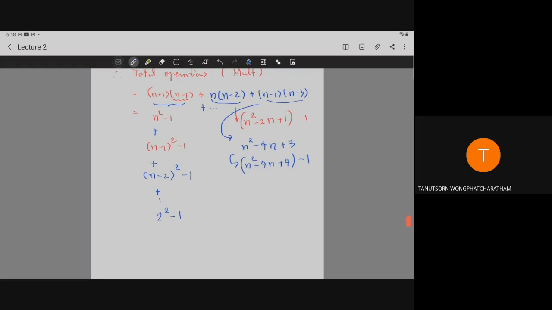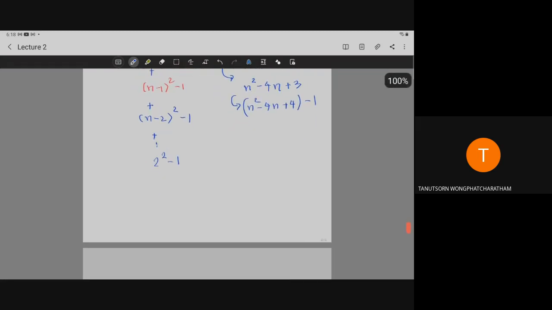So we can write that the total number of operations is the summation of k square minus 1, where k is equal to 2 all the way to n.